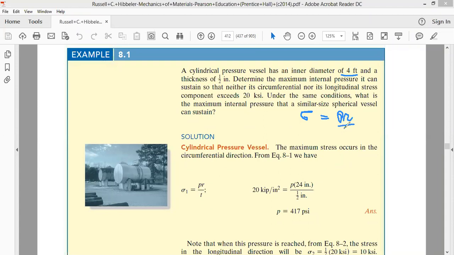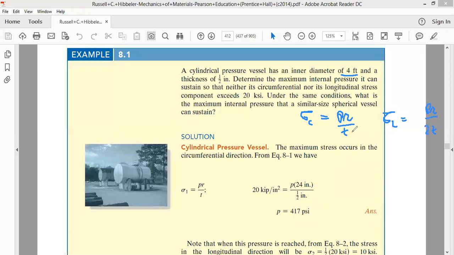When we write sigma equal to PR by t, the stress we are writing is the circumferential stress, sigma C, or the hoop stress. And the longitudinal stress, sigma L, is equal to PR by 2t.